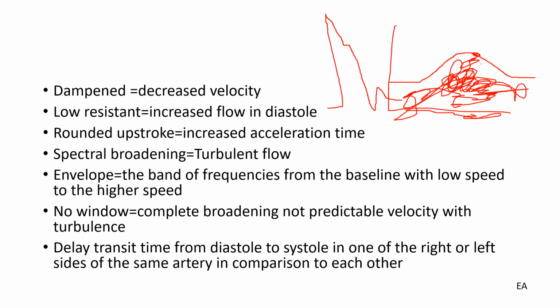This is with a window, no broadening, or maybe a little bit around the envelope, not all. But here we have all turbulence. And the transit time, for example, of the right side in comparison to the left side is different. The start of systole is different between two extremities, or right common carotid and left common carotid.